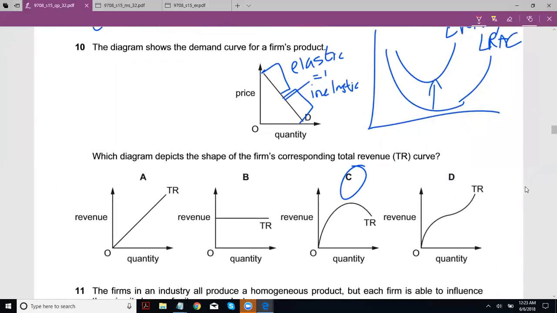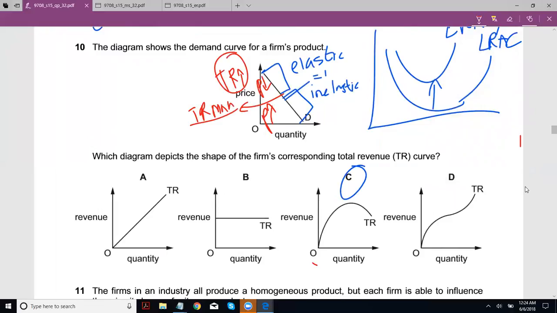In your elastic region, if you decrease price you increase total revenue because quantity increases by a lot more. In your inelastic region, because quantity isn't going to fluctuate that much, you want to increase price. And this is the point where total revenue was maximized.